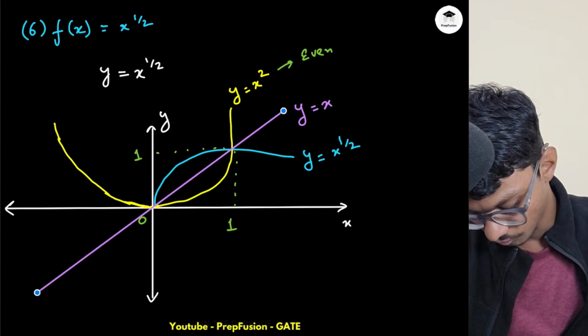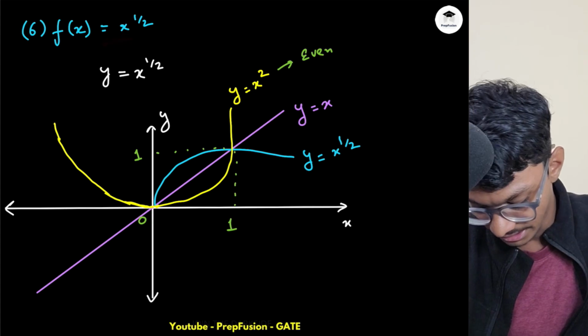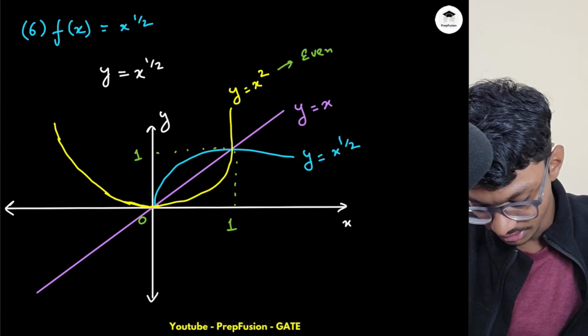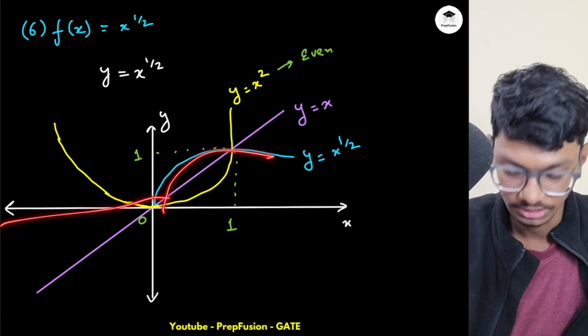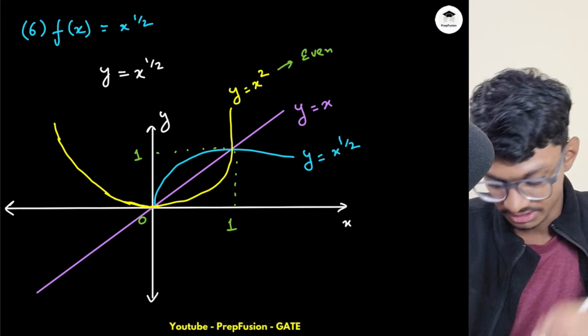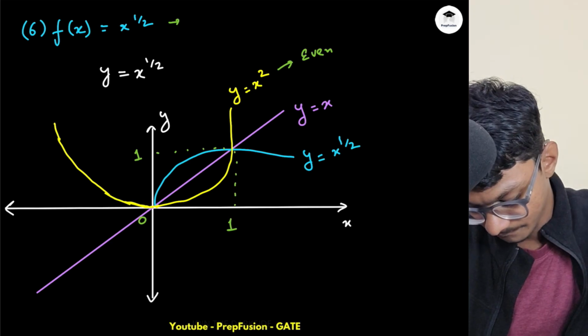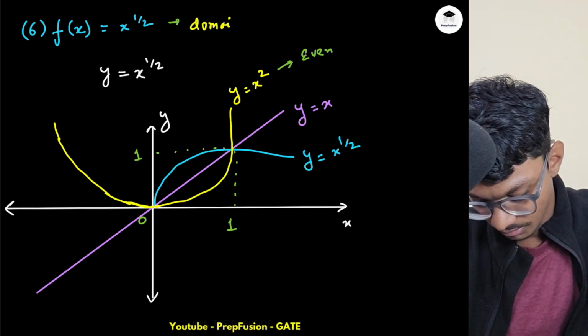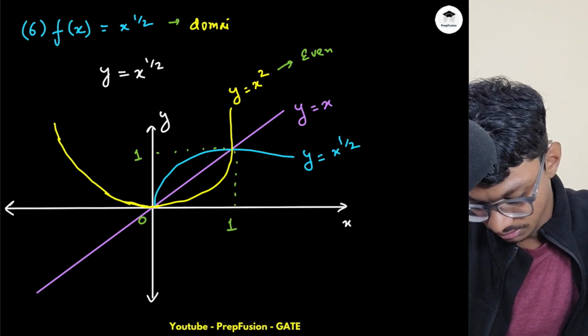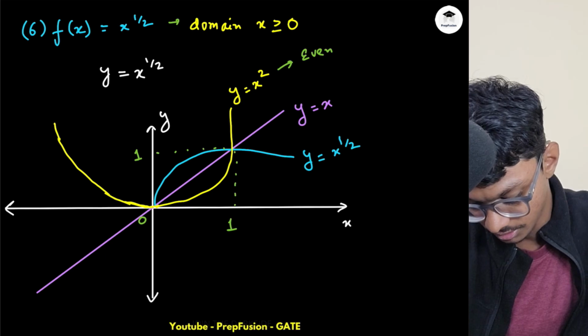But one thing to notice here is that this blue function cannot extend into the negative values of x, because the domain of x is greater than or equal to 0 only.